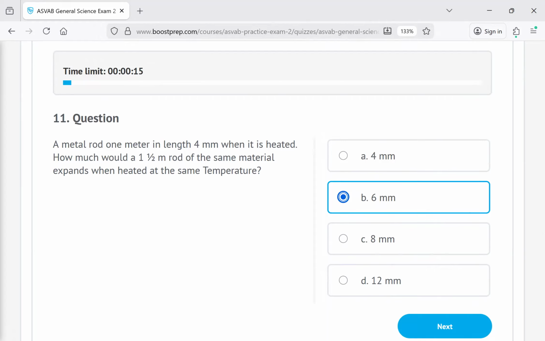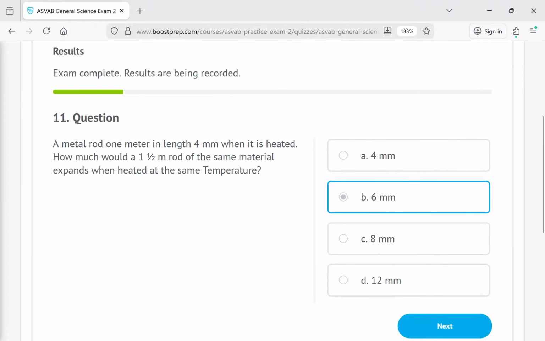So it is C. The rod's expansion is proportional to its length for a given temperature.